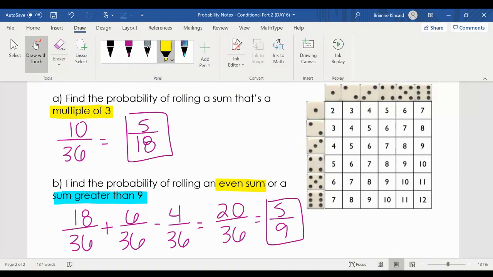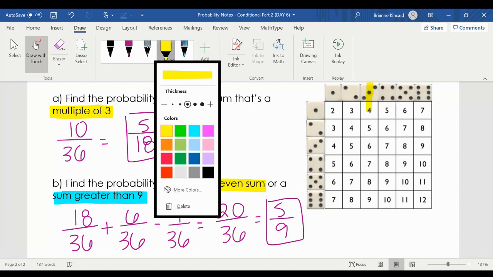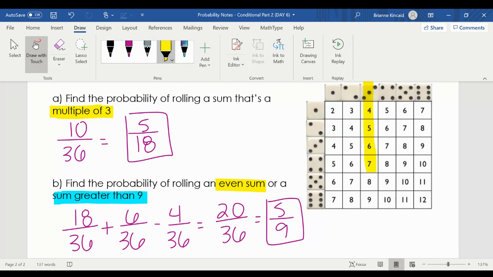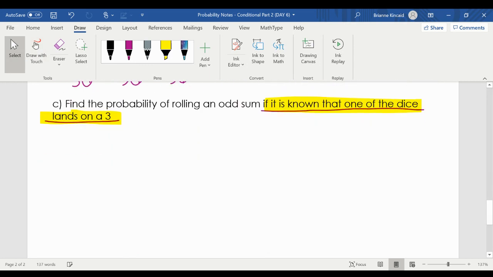I have the column here of having a dice that lands on 3. Now, the thing you have to be careful with here, this column has 6 numbers in it. In this row, there are 6 numbers in it. But because they meet here, you want to make sure you don't double count this number. So instead of having a denominator of 12, we actually have a denominator of 11.